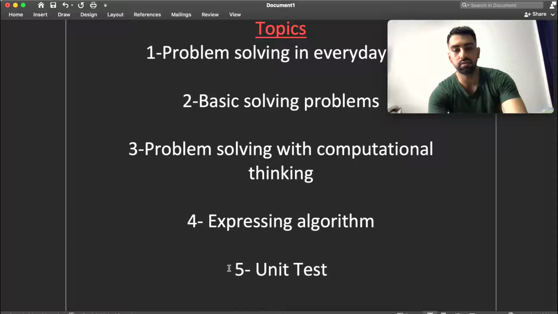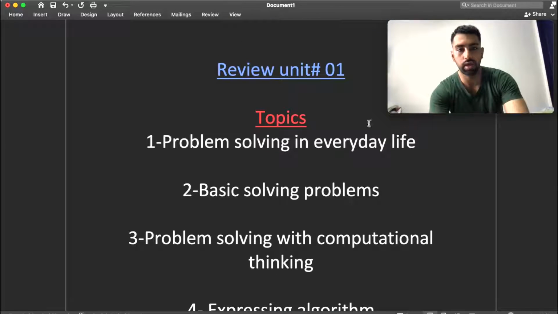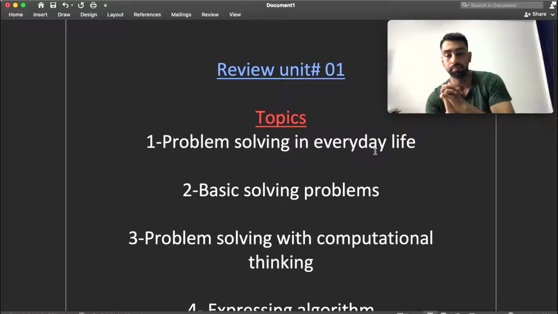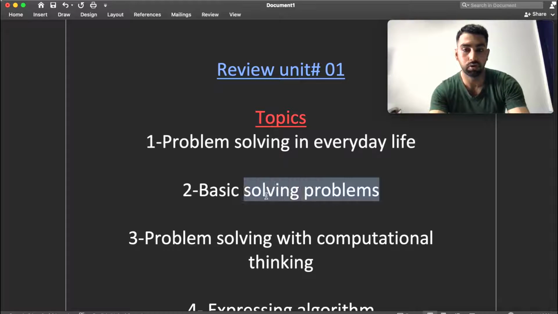Number 5 is the exam, the sub unit test. Number 1 we had problem solving in daily life, how we can solve the problem in our daily life. Remember we studied that. And number 2, basic solving problems.